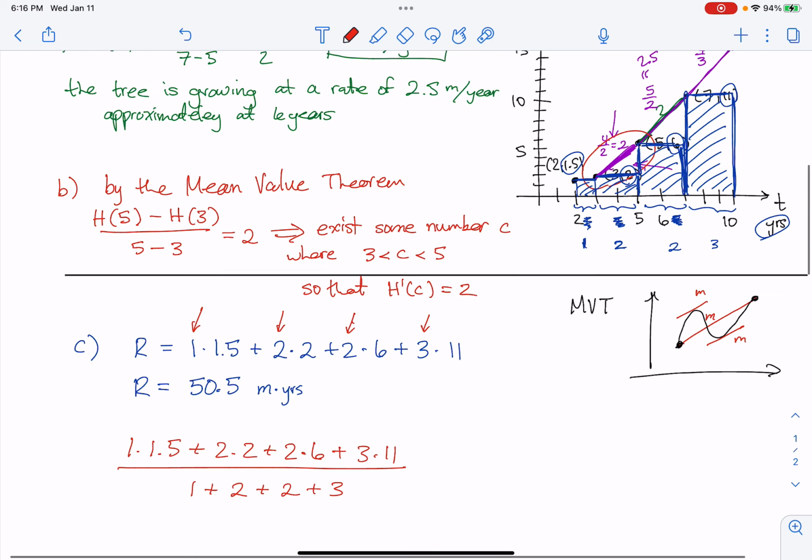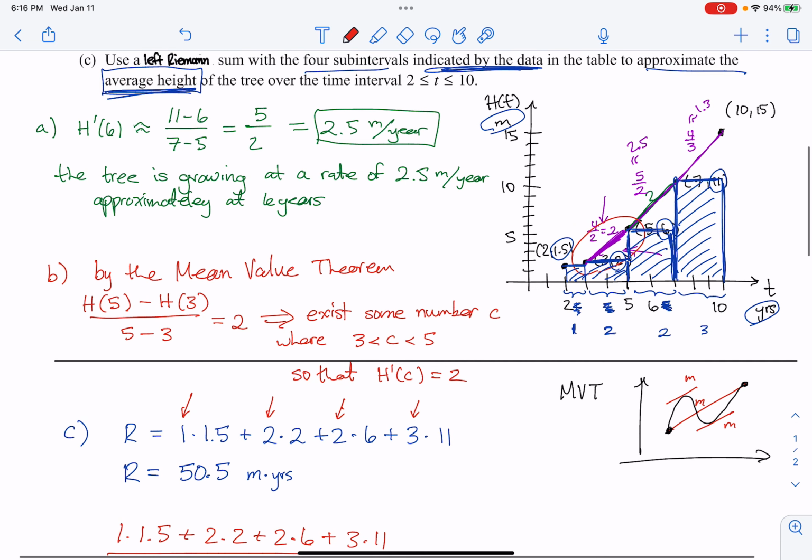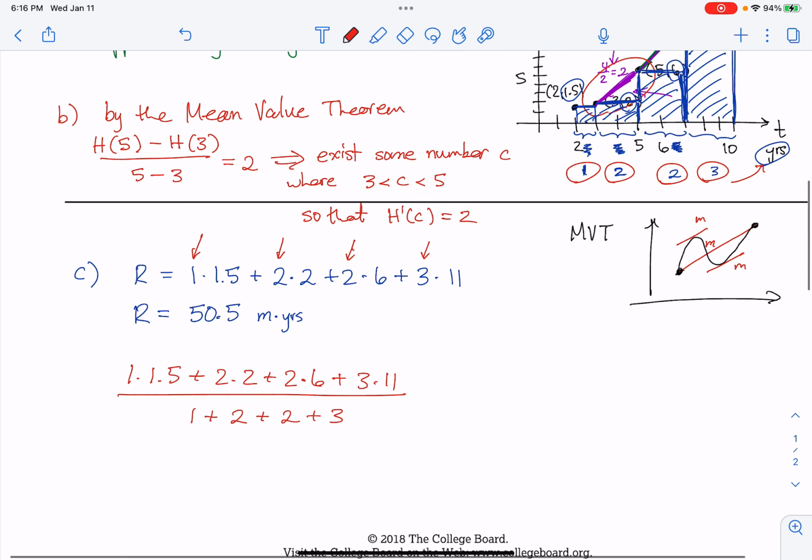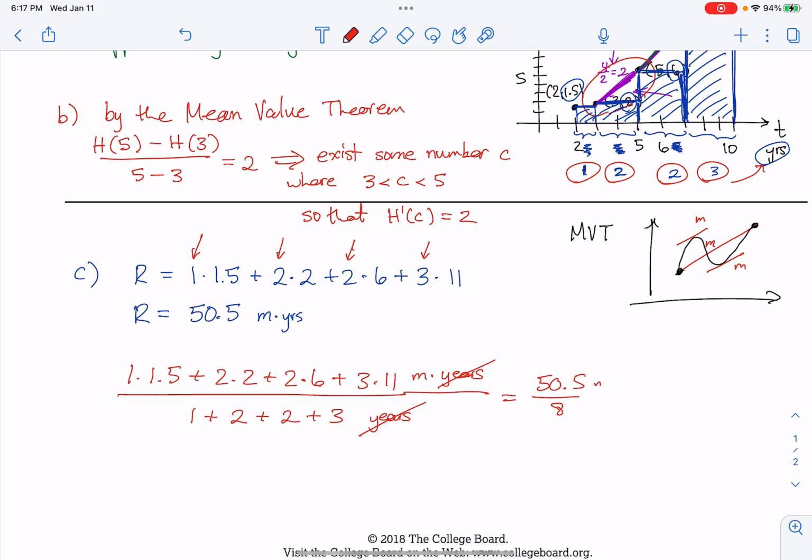And notice, what are my weights? Those are in years. So my total down here is going to be in years. My weighted sum up here is meters times years. And so the years are going to cancel in this calculation. It's just beautiful. So this is going to be 50.5 divided by 8, meters times years over years.